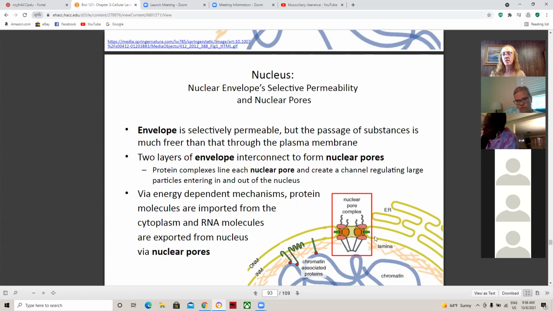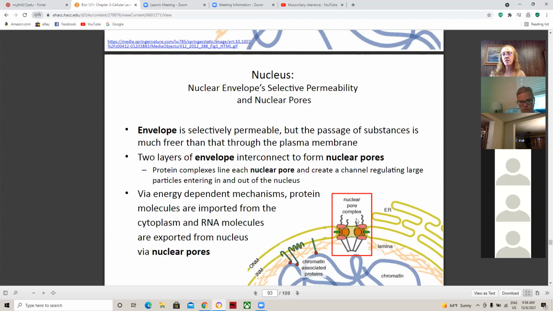We have nuclear pores that create a channel regulating the movement of large particles in and out of the nucleus. mRNA molecules that are going to be synthesized into protein are transported through these nuclear pores.